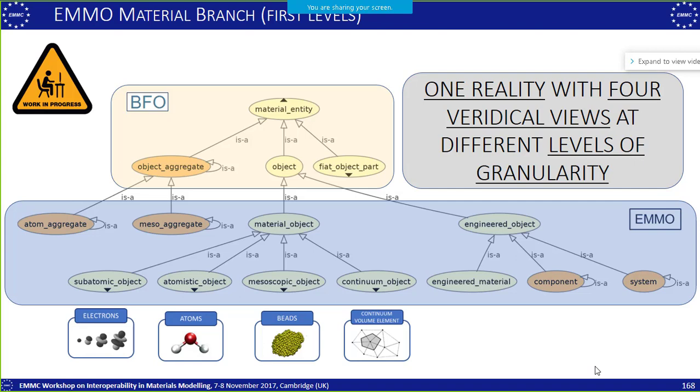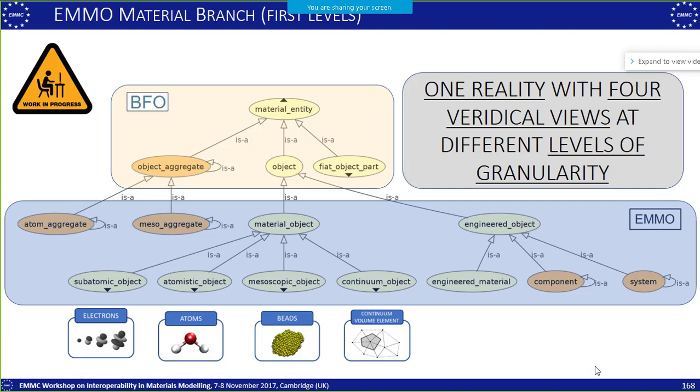And by material now they mean just raw material. And then there are engineered objects. And a piece of engineered material is an engineered object. A component in a larger engineered object is an engineered object. And a system, here we get systems. A system is an engineered object. And the system is something like the hydraulic system in your car.